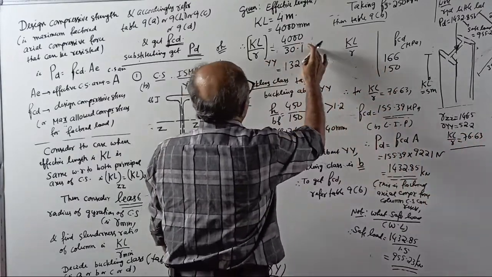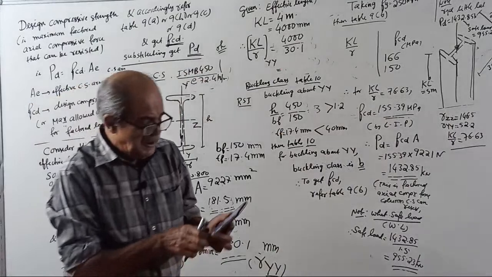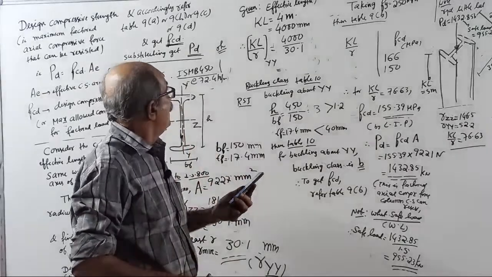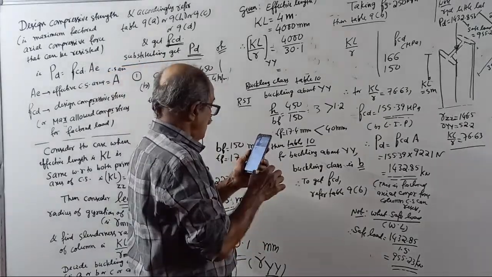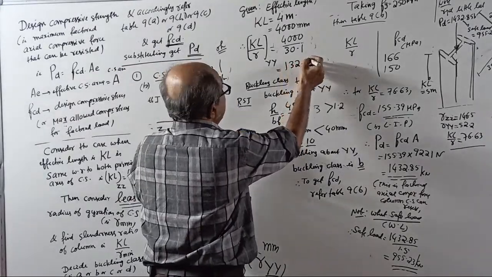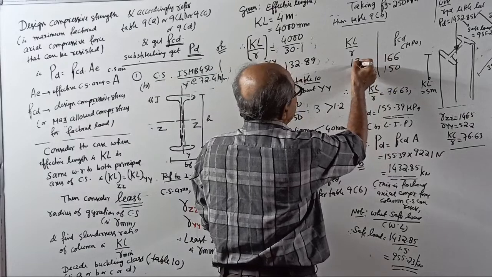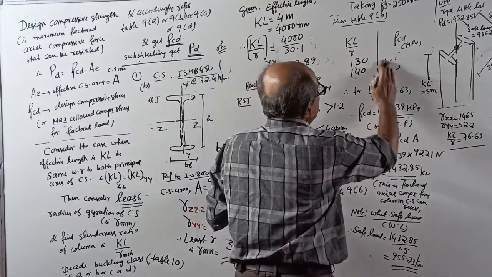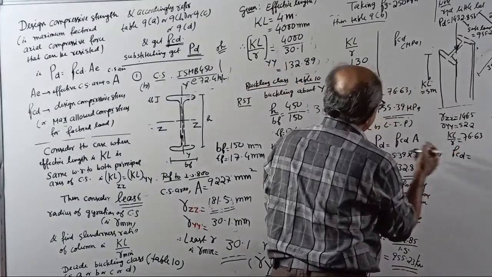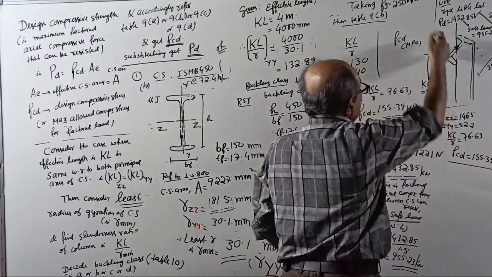This time, your KL by R is 4000 by 30.1, which is 132.89. Now you require for 130 how much, and for 140 how much? And accordingly, last time your FCD came 155.39.